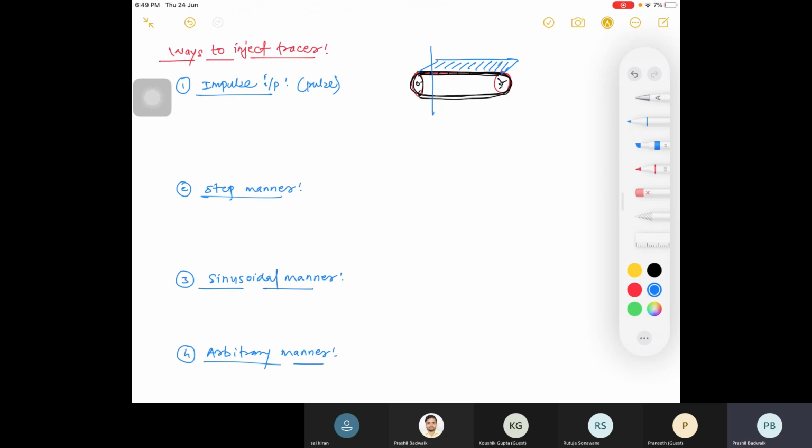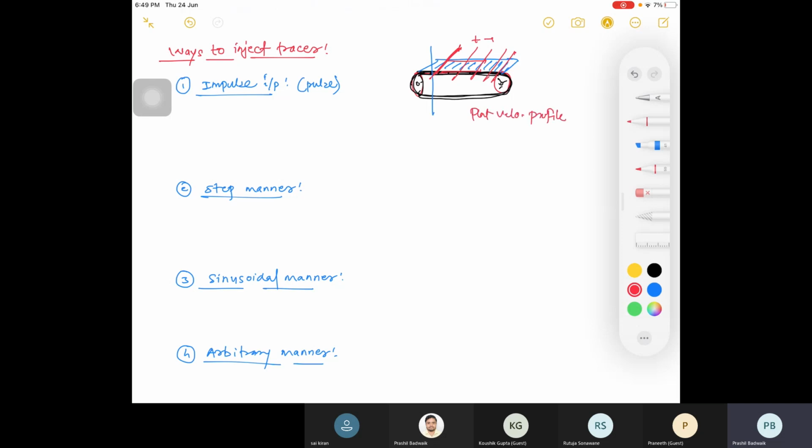So suppose I'm putting some color material here, then this will flow like this here, right? And this strip will, as time passes, this stream will move to different locations, right? And you will detect here. So this is what I'm calling a flat velocity profile, right? This is your real example of a flat velocity profile.